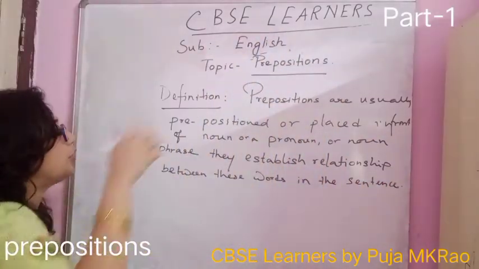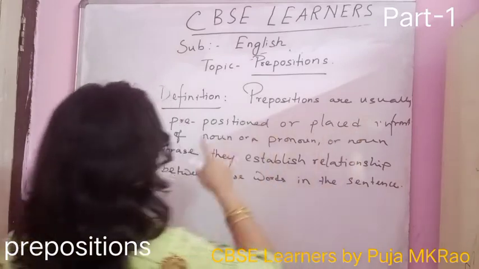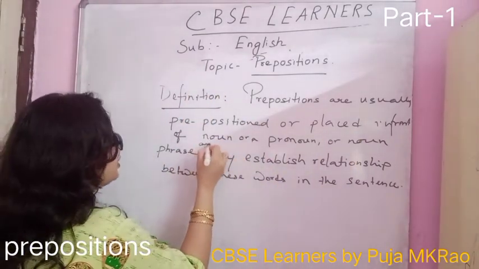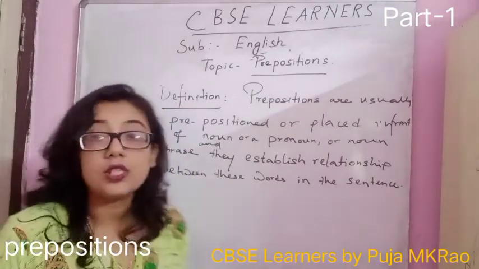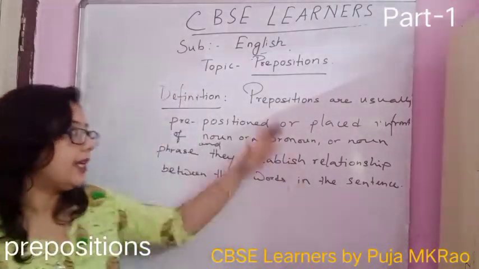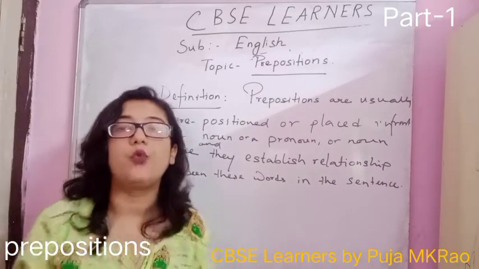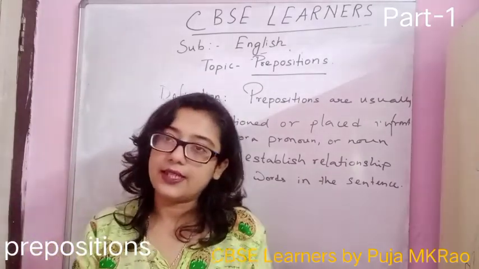So prepositions are usually prepositioned or placed in front of a noun or a pronoun or a noun phrase, and they establish a relationship between these words in the sentence. So it's clear, this is your definition. And now with an example, let me take a sentence.